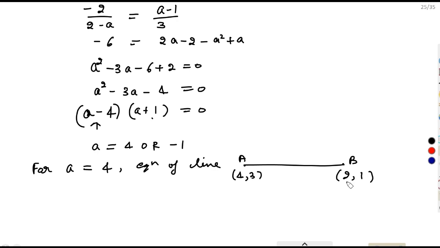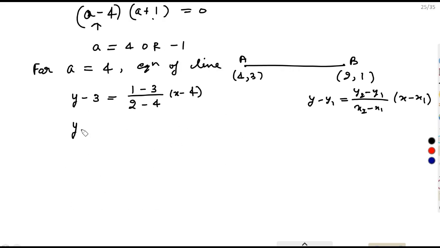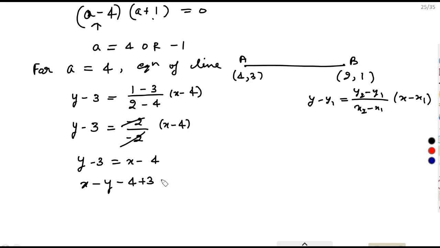Applying 2-point form of equation, y minus y1 is equal to y2 minus y1 upon x2 minus x1 into x minus x1. X minus y minus 1 is equal to 0.